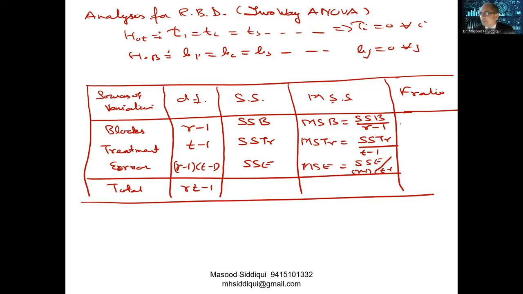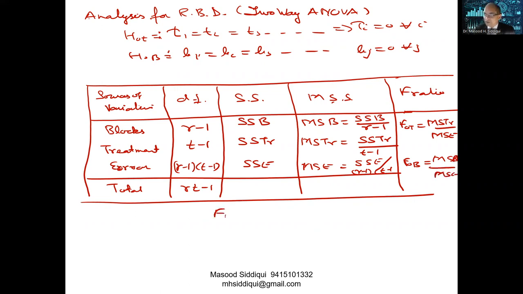And for the variance ratio, we have F0T, that is MSTR divided by MSE. The other one is not required, but even if we go with that, F0B equals MSB divided by MSE.